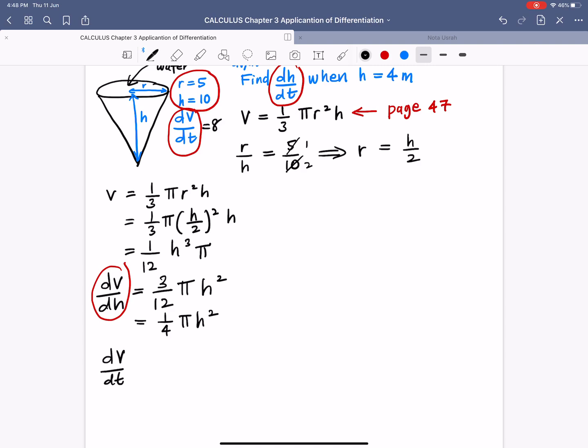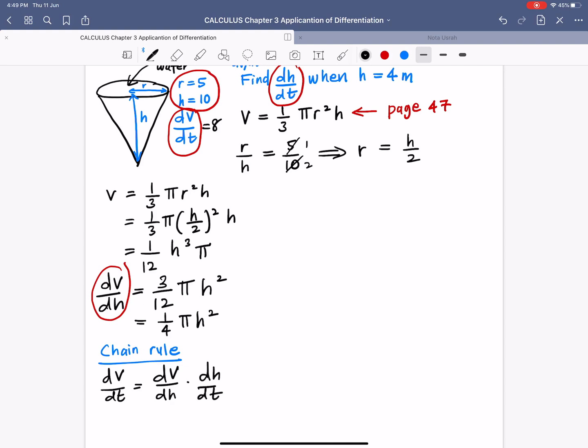Sorry, I should write it here so that you won't get confused. So by using the chain rule, dV/dt equals dV/dh times dh/dt.